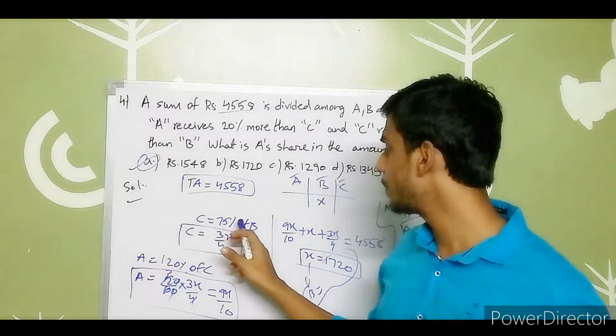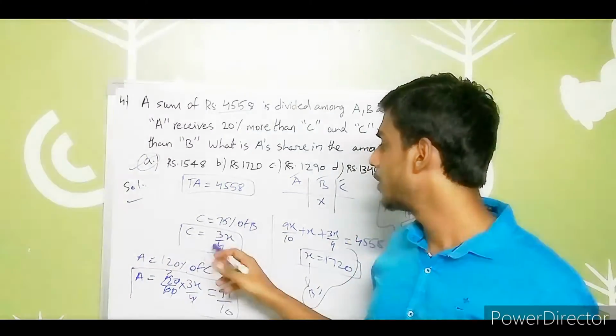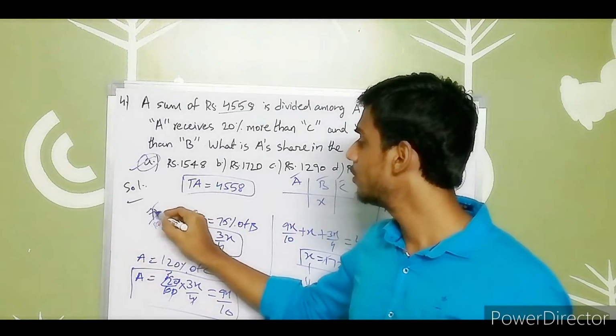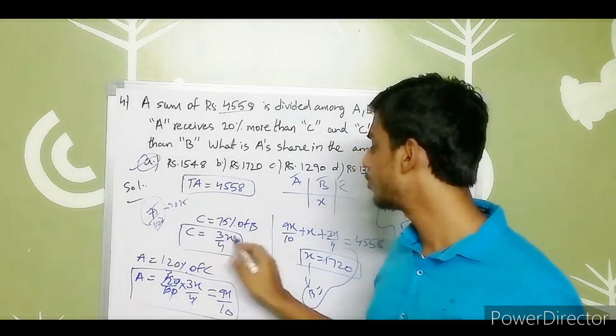So C equals 75% of B. 75 is nothing but 0.75, which is 75 divided by 100, and that is nothing but 3 by 4. So C is 3 by 4 of X.